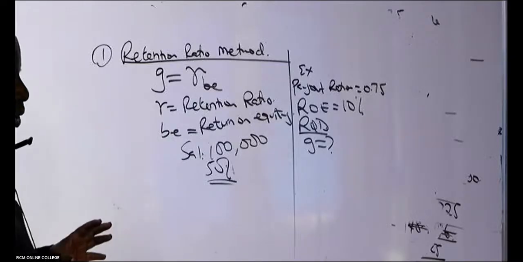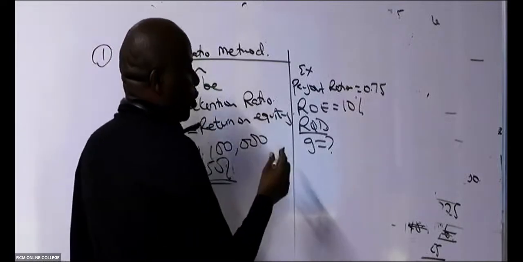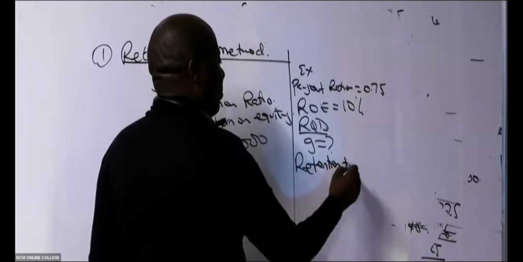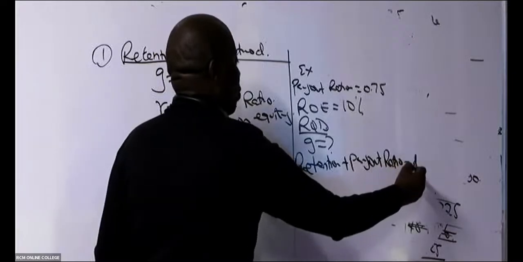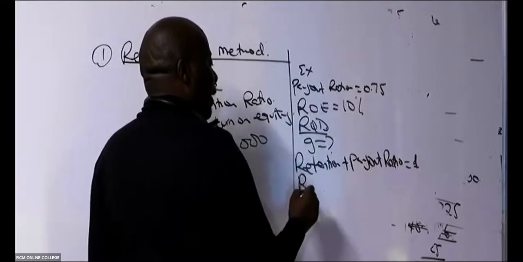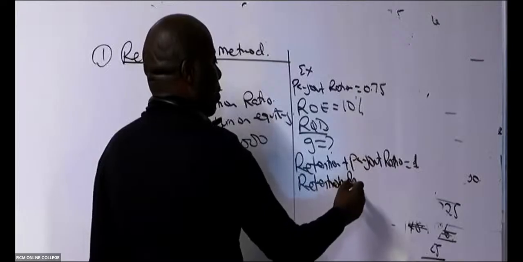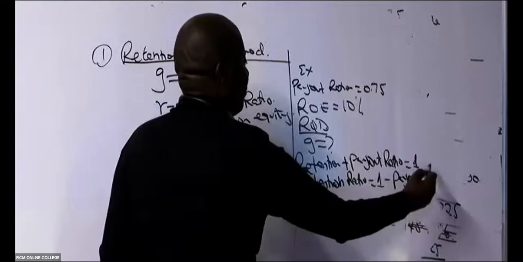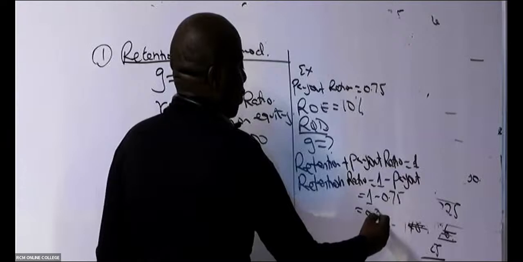Please remember that payout ratio and retention ratio must always add up to 1. Now that they have given you the payout ratio, the retention ratio will be 1 minus payout, so 1 minus 0.75 gives you 0.25.